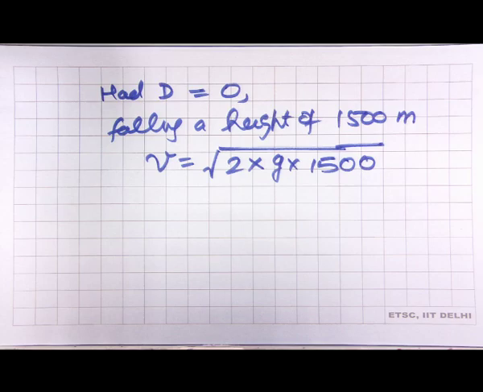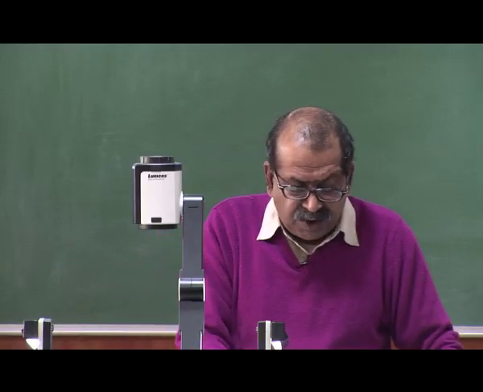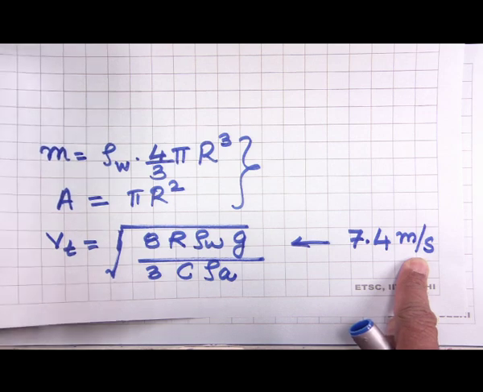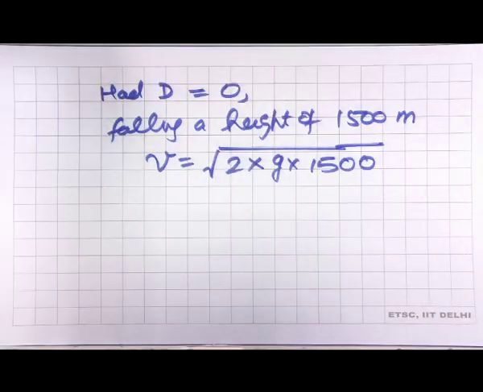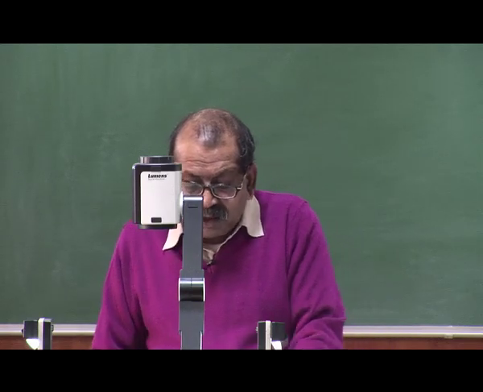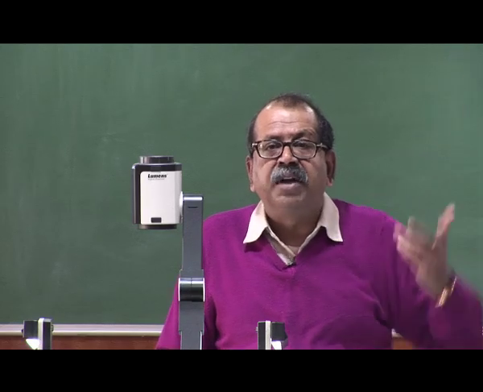It would have been a very large velocity, whereas because of the effect of the drag force it becomes 7.4 meters per second. And what we also realize is the terminal velocity is independent of the height of the cloud.